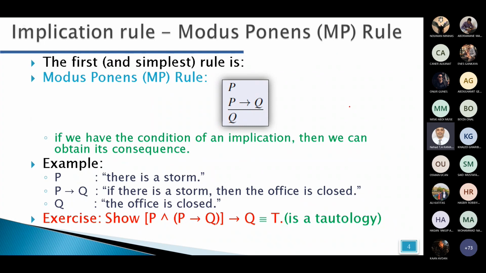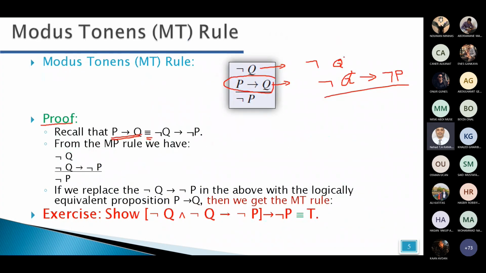So it doesn't matter if it's a not or something like this. Not Q and not Q implies not P. From MP, we can get this one. So not P is true. So by applying the MP rule, we get not P.